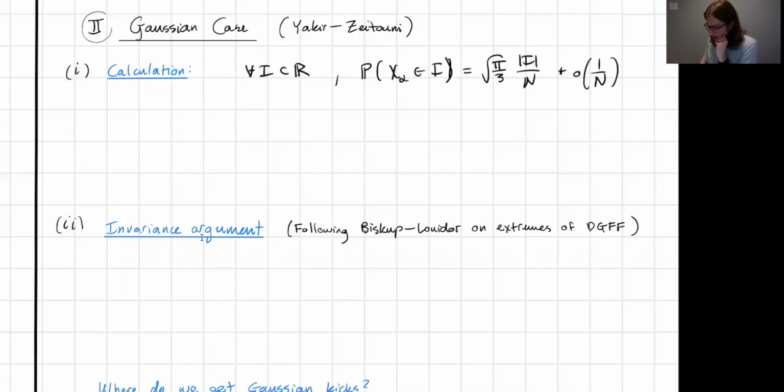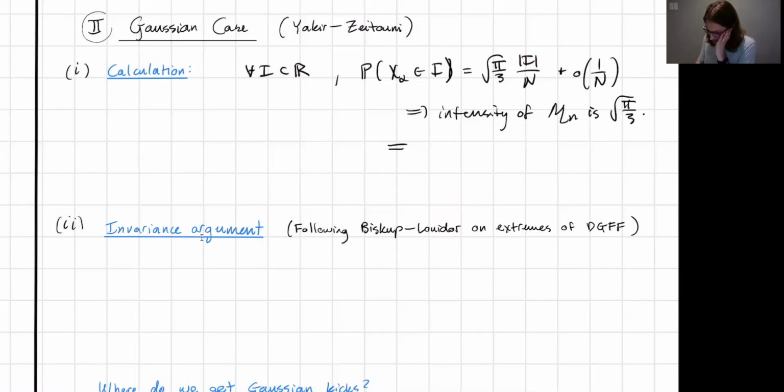We're summing over capital N points, and so that means that the intensity of this point process is root pi over 3. The probability that any fixed one of them lies in this interval scales like 1 over N with this scaling root pi over 3.